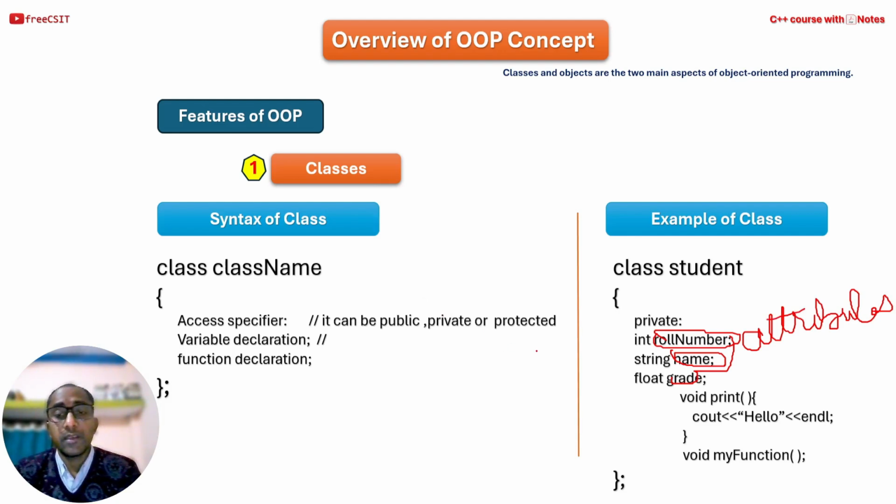And as I already told you, the class, it means the student class, ends with a semicolon. It is mandatory, you have to write it. So this is the syntax of class, and I have shown you how to create a class.